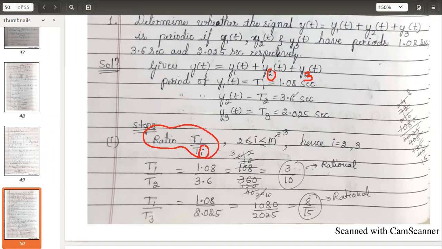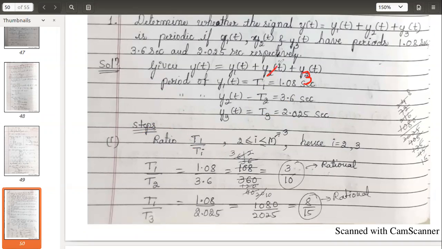Okay. So what is the i value? The i value can be 2, and the i value can be 3. It cannot be 1 because the numerator already has 1. So i ranges from 2 to m. m is your maximum number here. If it continues up to some m, the last suffix is that value. So here, according to the given question, the last suffix is this 3.